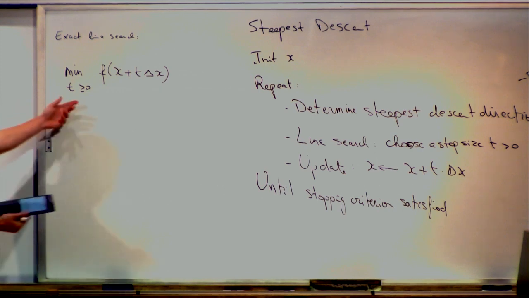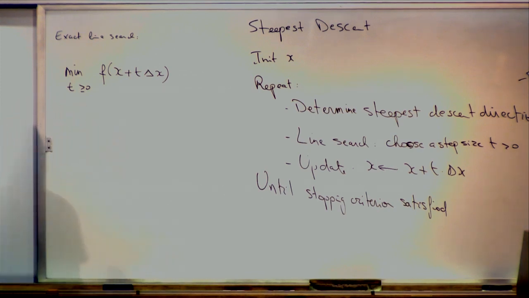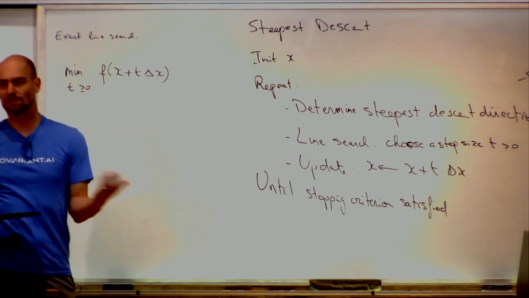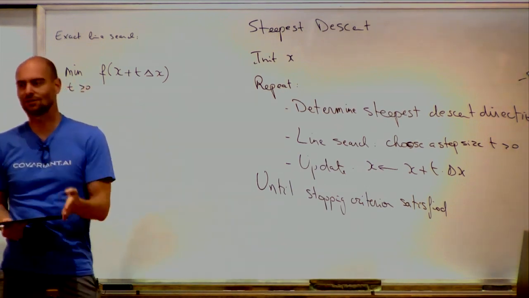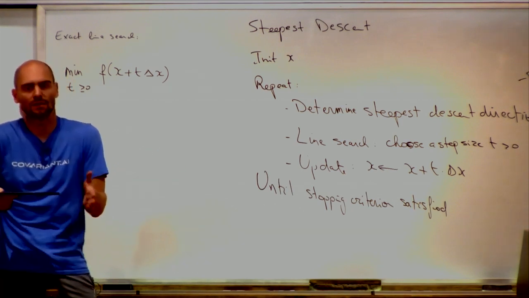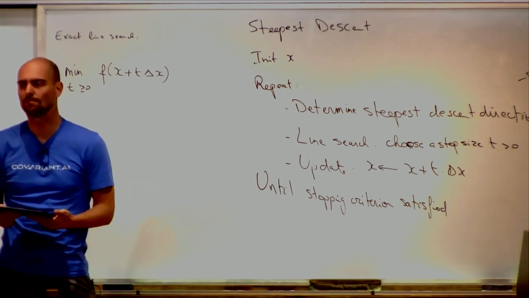But how are you going to find this? Exact line search is hard to do, because you might not have an analytical form of the function along the line you're walking in. If you do, then that's great. You can just take it and you're done. But typically, you won't have an analytical form along that direction. And then you have to, in principle, try infinitely often until you find a t that achieves the lowest. You might be able to do some kind of bisection search, narrowing it down to a small interval.